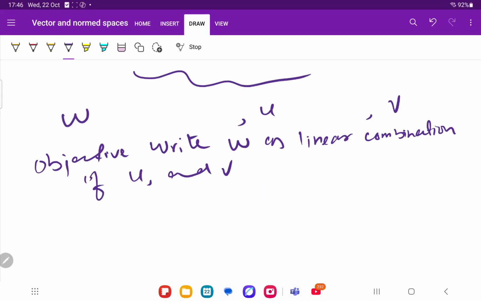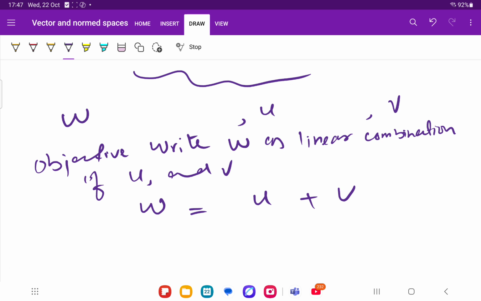The objective is to write w as a linear combination of u and v. So you will write w as a times u plus b times v, introducing two coefficients. It could be a and b, it could be c1, c2, any coefficients, it is up to you.